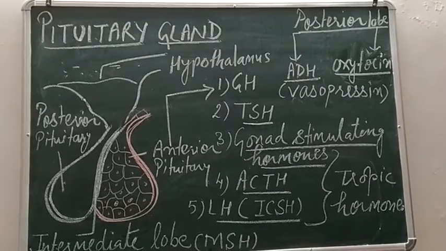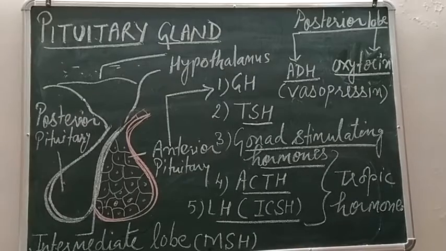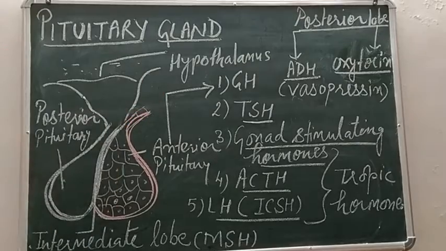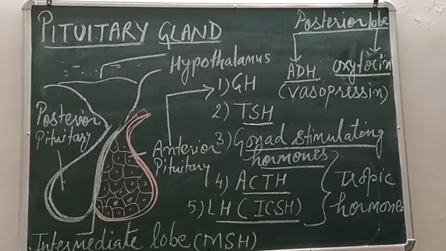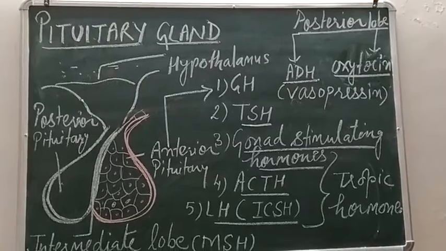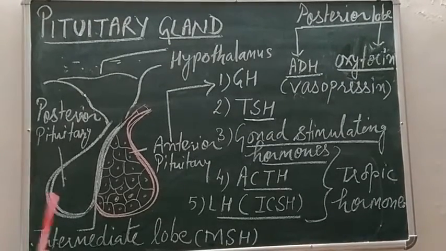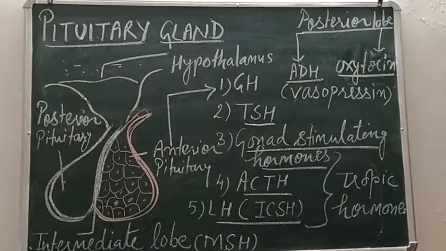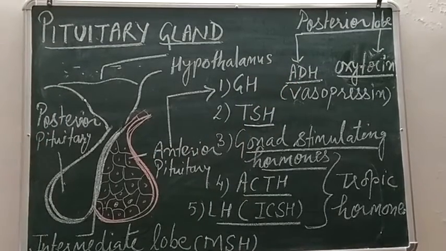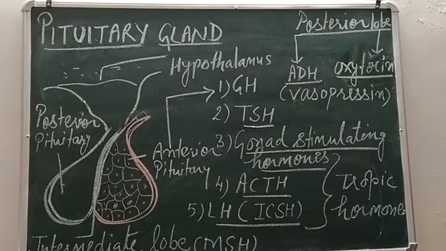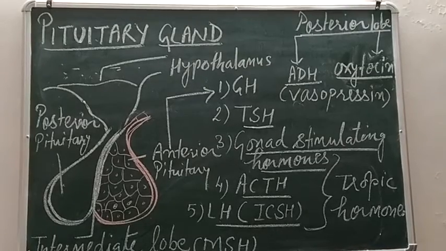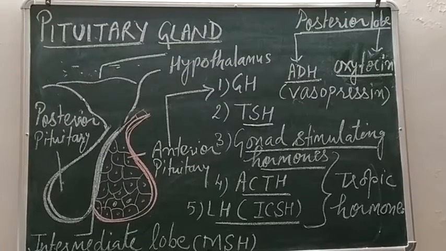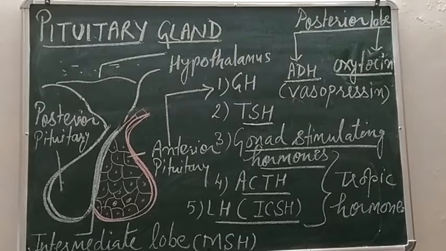You know, in the kidneys, water is reabsorbed. So when ADH hormone is secreted in more amount, more water will be reabsorbed by the kidney tubules. And in case of deficiency of ADH hormone, if less ADH is secreted, then reabsorption of more water cannot take place in the kidneys. So a condition known as diabetes insipidus will take place.